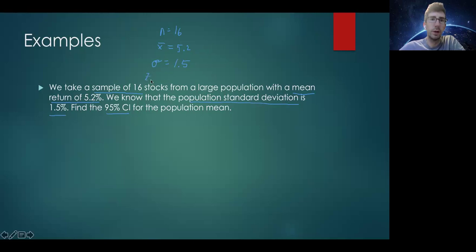We've found in a different video that when we're given a 95% confidence interval, this implies that alpha is equal to 0.05. So z of alpha over 2, or 0.05 divided by 2, is z of 0.025.